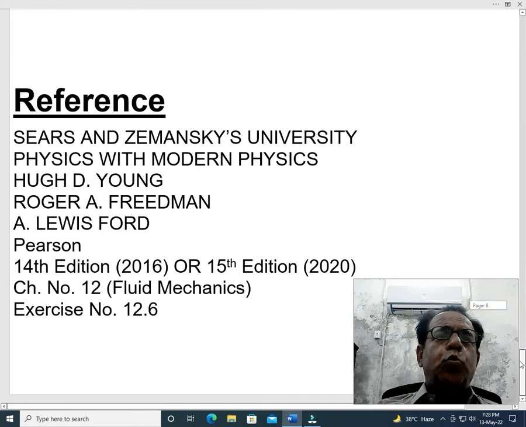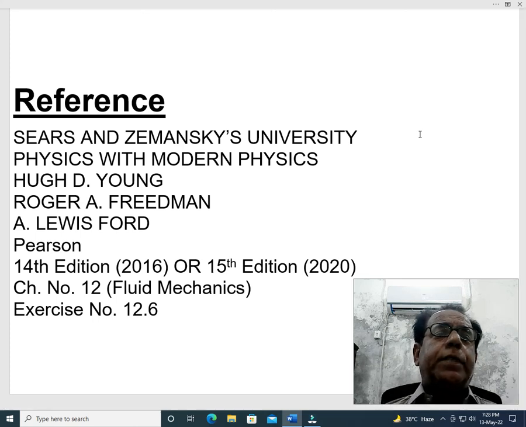Now we move to the reference. The reference book is Sears and Zemansky's University Physics with Modern Physics. The authors are Hugh D. Young, Roger A. Freedman, and A. Lewis Ford. The publisher is Pearson, and the 14th edition, published in 2016, or the 15th edition, published in 2020, has been adopted or followed.